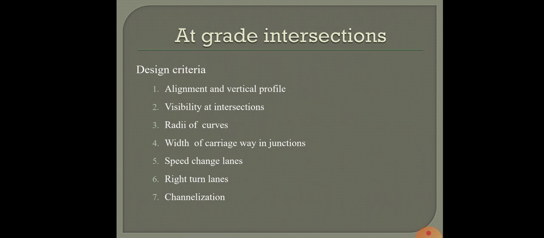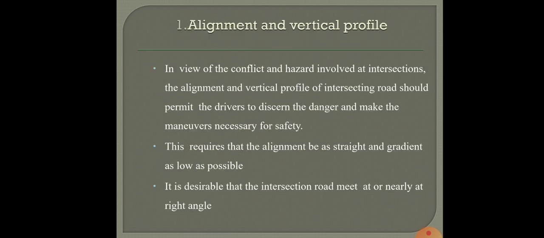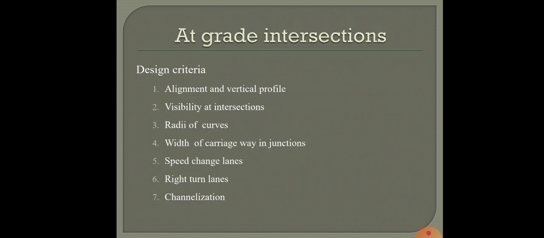And to eliminate this hazard, it requires that the alignment should be as straight as possible, and the gradient should be as low as possible. It is also desirable that the intersecting roads meet nearly at right angles. So this is the first design criterion, that is the alignment and the vertical profile.